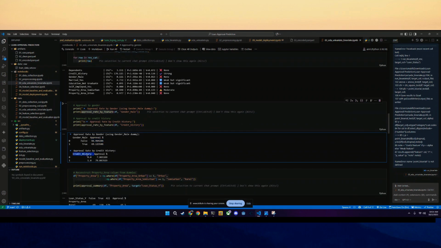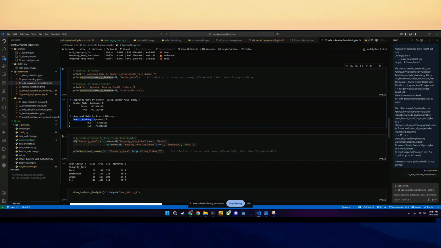And the credit history: whoever has a credit history of 1.0 has a higher chance of approval, 79 percent, and whoever has a credit history of 0 has an approval percentage of 7. Okay. And here I wanted to know the loan approval percentage by the living area, or the property area.